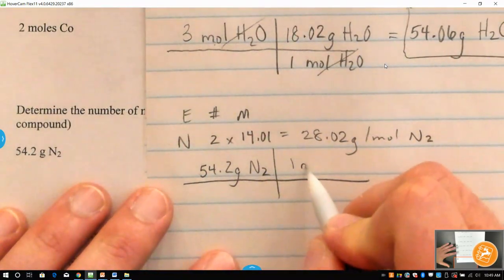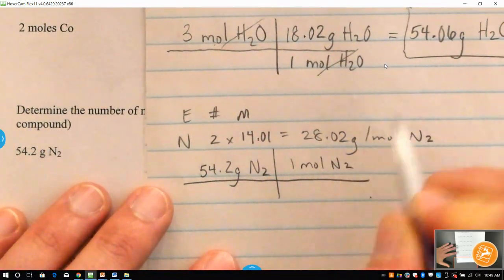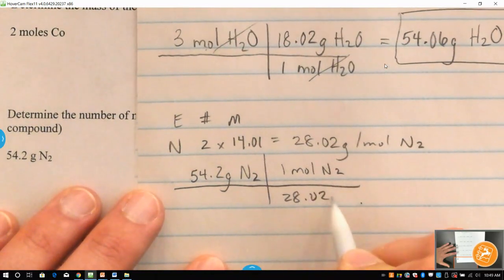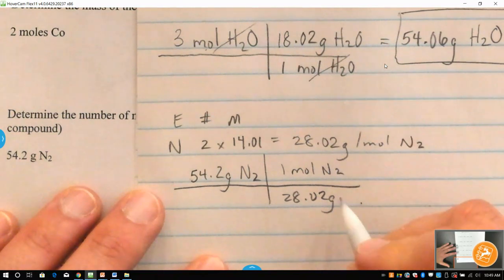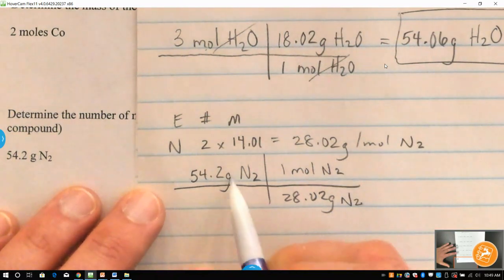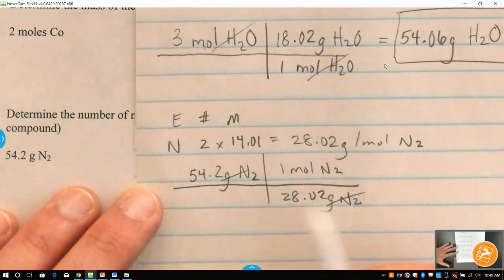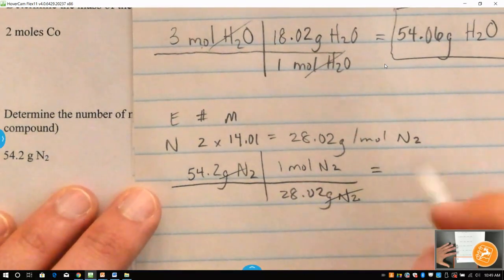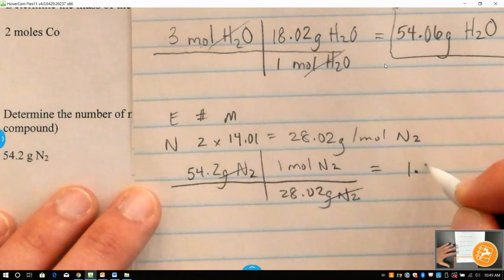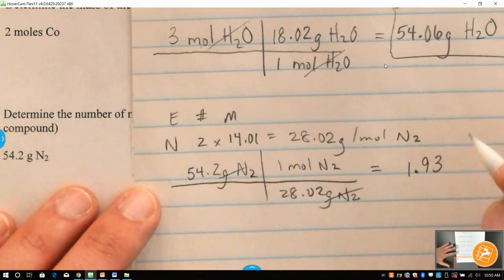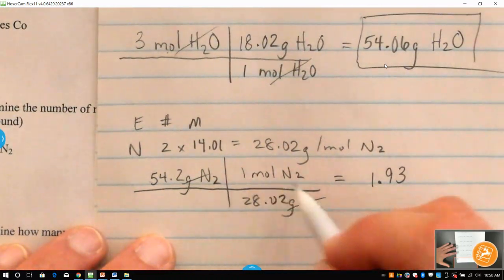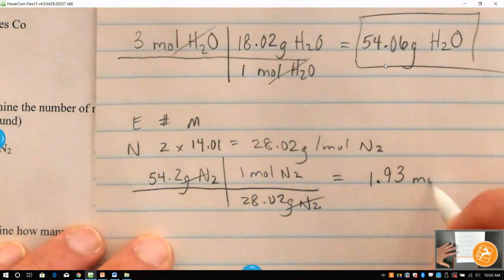So in 1 mole of N2, we figured out that it was 28.02 grams of N2. Grams of N2 on top, on bottom, cancel. Multiply everybody on top and divide by what's on bottom. And we're going to come out to roughly 1.93. And the unit left is moles of N2.